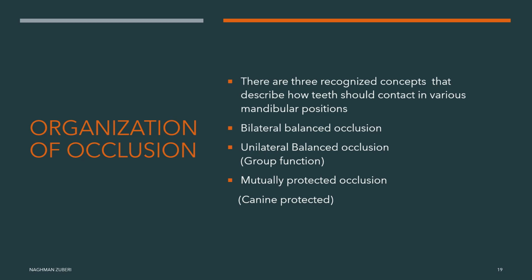They are not going to have excessive load on them. Similarly, in protrusive movement, the incisors will be in contact and posterior teeth will be disoccluded. And in lateral movement, there will be canine guidance, meaning upper and lower canines will come in contact and the rest of the teeth will be out of occlusion.